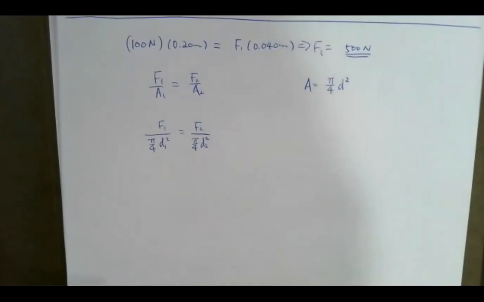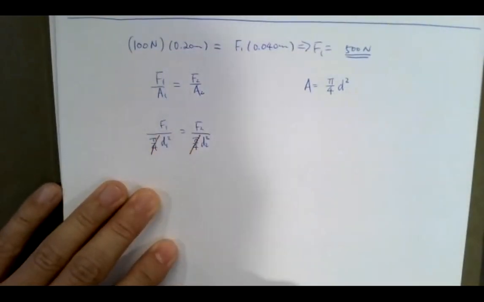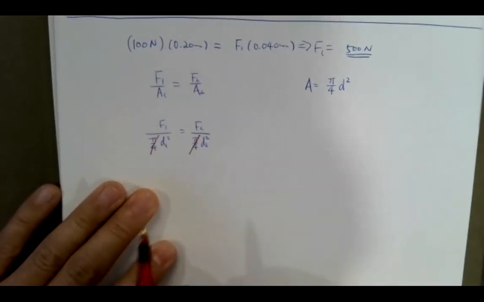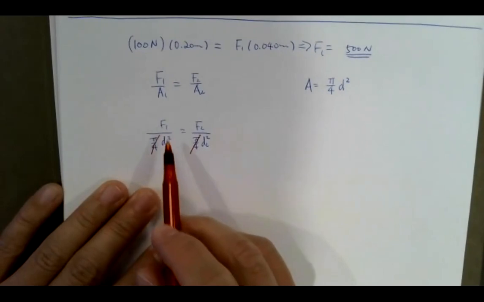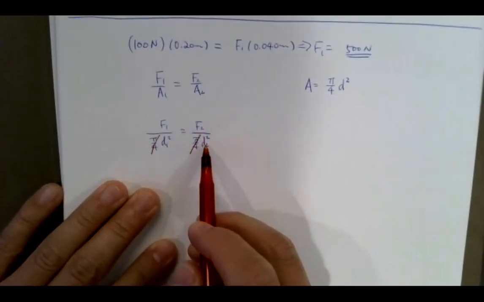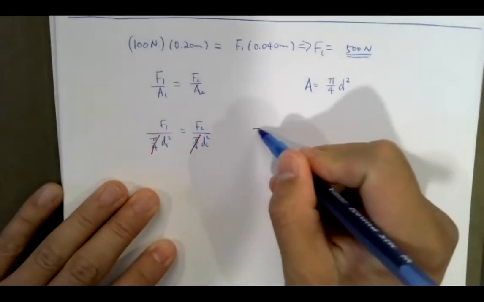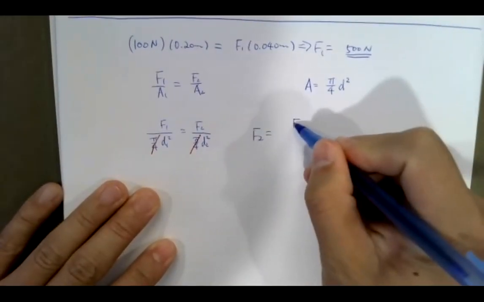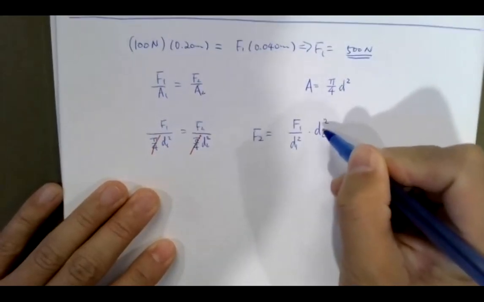And you can realize that pi over 4 will cancel out, right? So you don't have to plug pi into your calculator twice. Then F1 over d1 squared is equal to F2 over d2 squared. Now you're looking for F2. So F2 equals F1 over d1 squared times d2 squared.